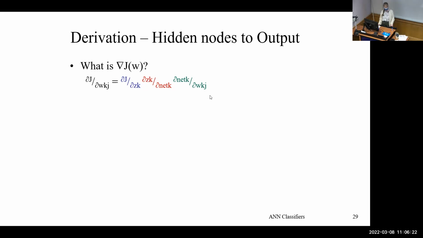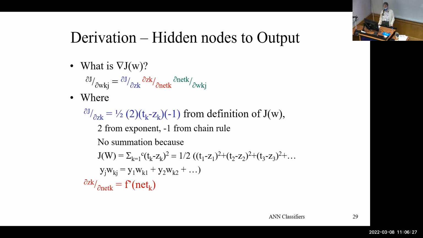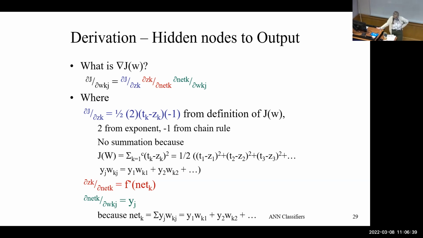Chain rule. And we can calculate each of these 3 different gradients. They're in color so you can see where they come from. To get this total thing, we just take this, multiply it by this, multiply it by this.